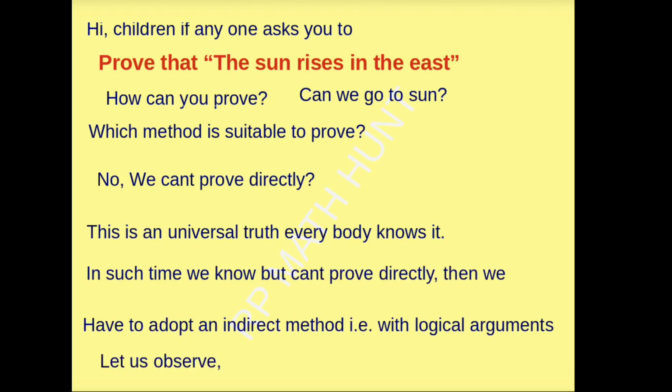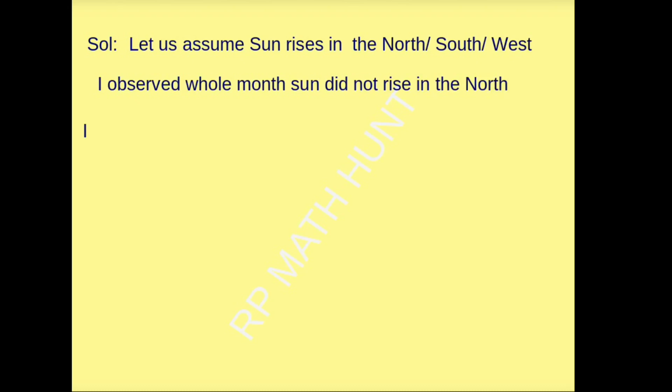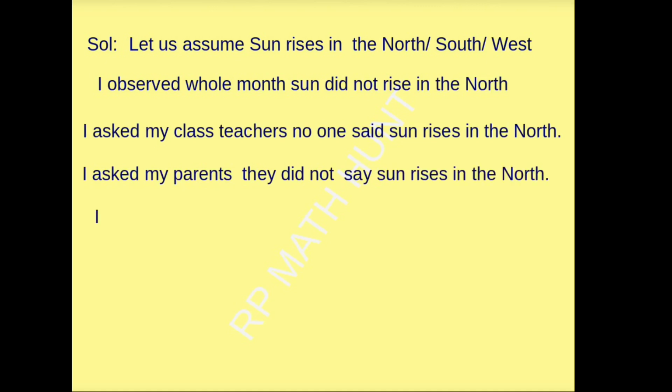Let us observe. Solution: Let us assume the sun rises in the north or south or west. I observed for a whole month, the sun did not rise in the north. I asked my class teachers, no one said the sun rises in the north. I asked my parents, they did not say the sun rises in the north. I browsed the internet, no site agrees the sun rises in the north.